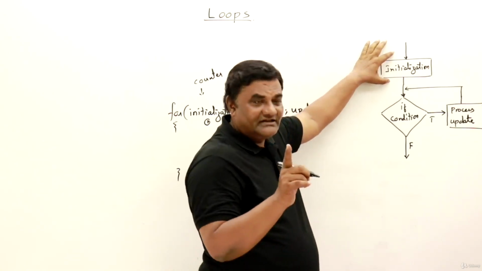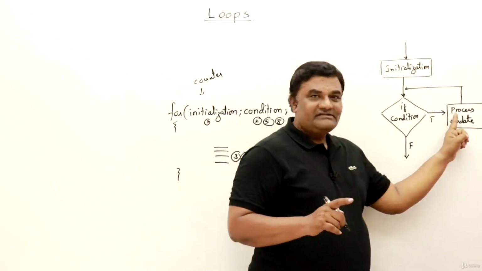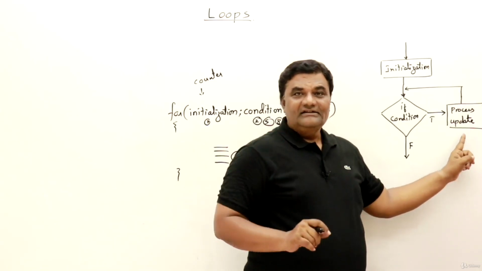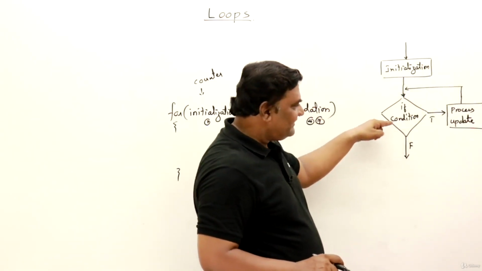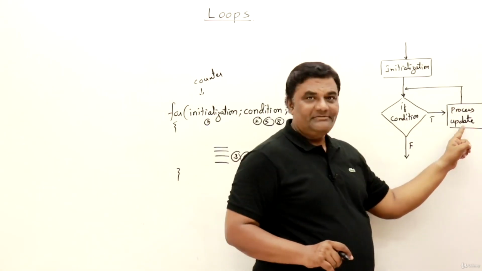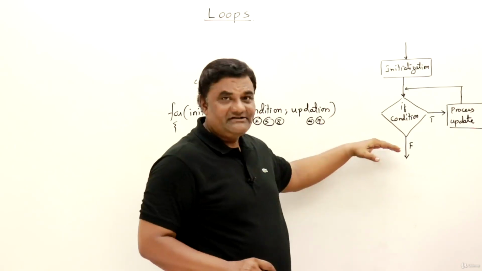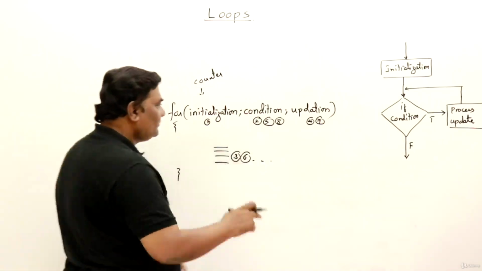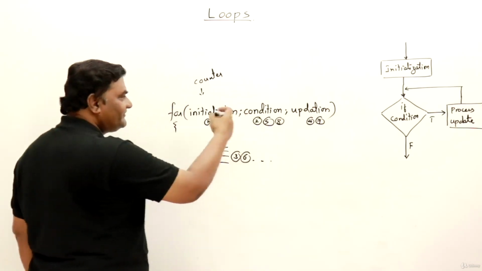First initialization is done, then the condition is checked. If the condition is true, the body is executed, and then updation is done. Then again it goes back and checks the condition. As long as the condition is true this repeats; once the condition becomes false, it will stop.